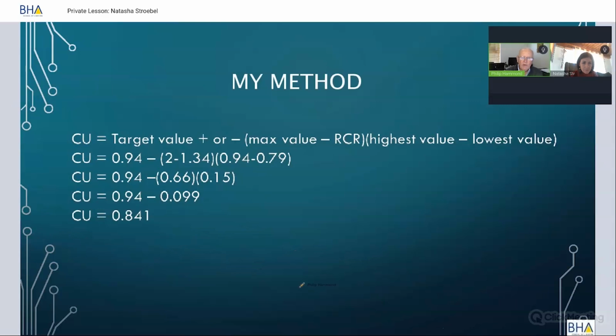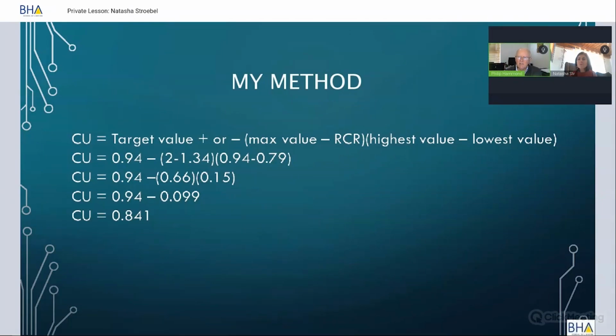When you look at your tables, you have to determine whether the value that you want is closer to the higher number or the lower number. So if your room cavity ratio is between 1 and 2, you ask yourself the question: is it closer to 1 or closer to 2?